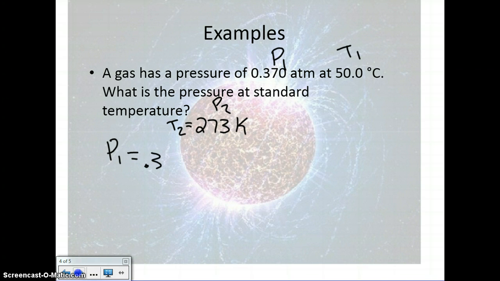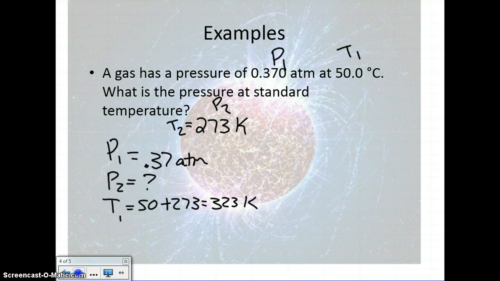Okay, all right, so we got P1 equals 0.37 ATM. P2 is unknown. T1 is 50 Celsius, and if it's in Celsius, we have to add 273. So that's 323 K. And then T2 was 273, standard. All right, and then you get your little equation.